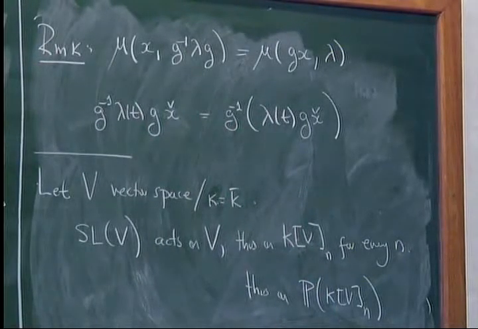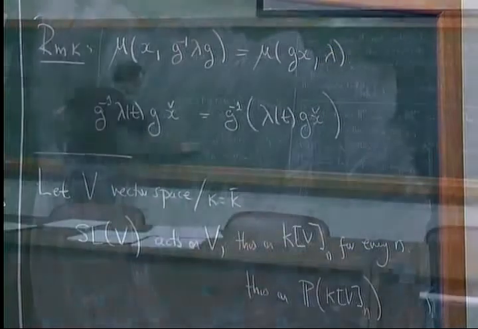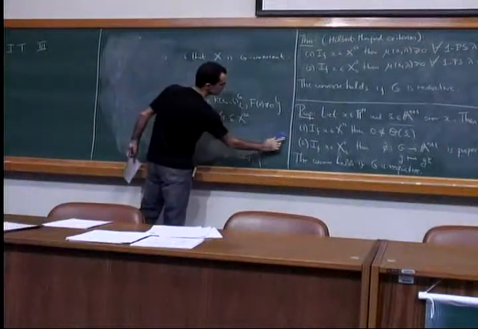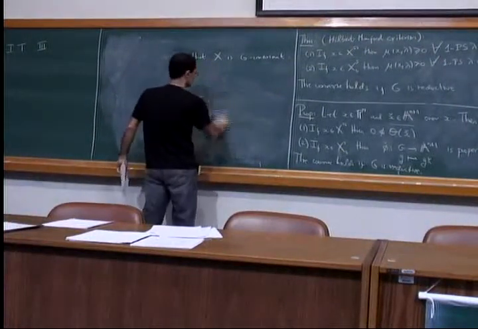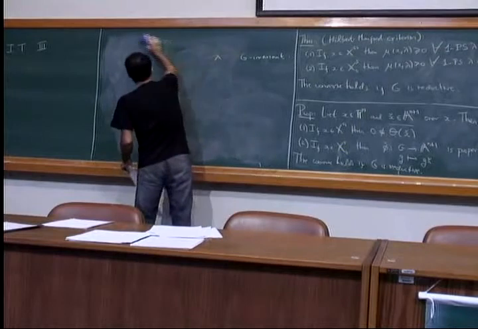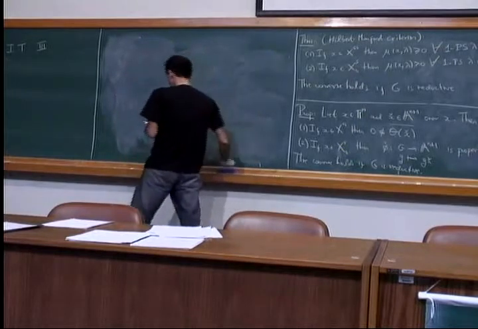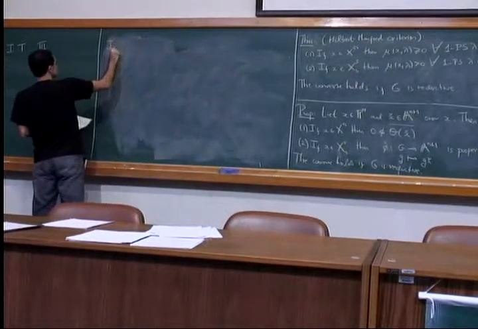Let's look at the special case of binary forms, the case where the dimension is 2.